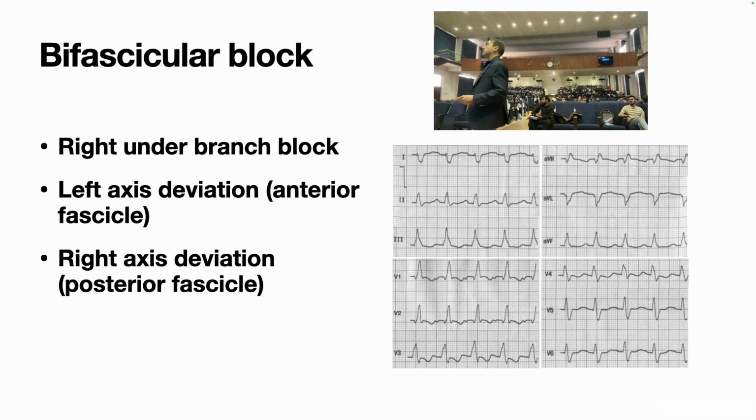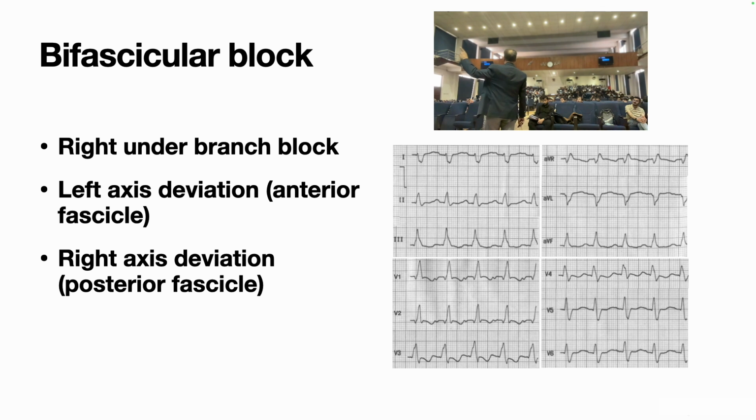Now which block is this? In the ECG, what do you see? There is a right bundle branch block. V1 is showing an upward, broad complex. Now what is the axis? Look at limb lead 1. Complexes are downward, that means right axis.